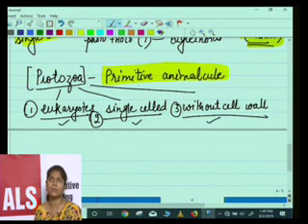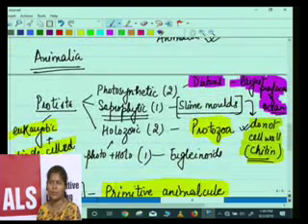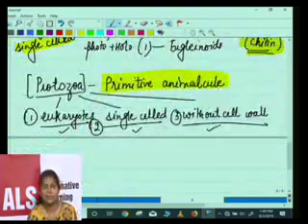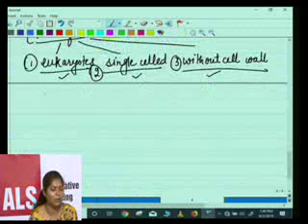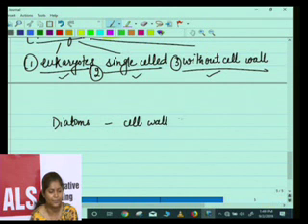Is it, Shillong, they don't have a cell wall? Are you sure about it? Because as far as I remember, diatoms have a cell wall of silica.